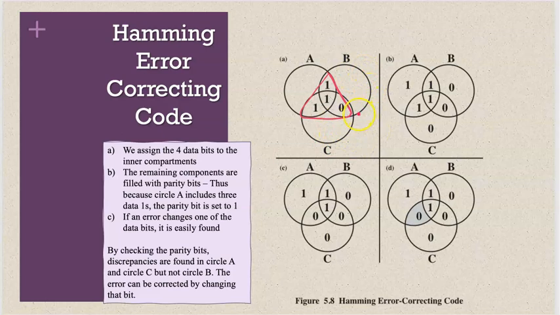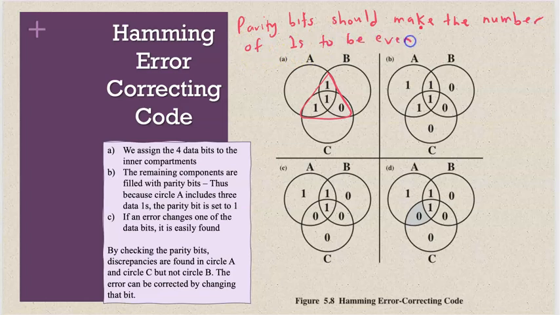Now, for this particular example, the parity bits should make the number of ones to be even.